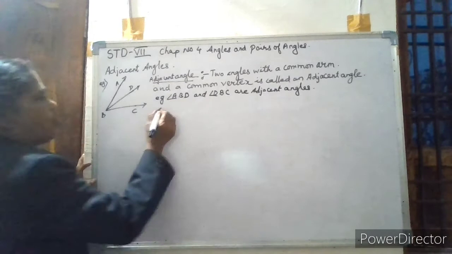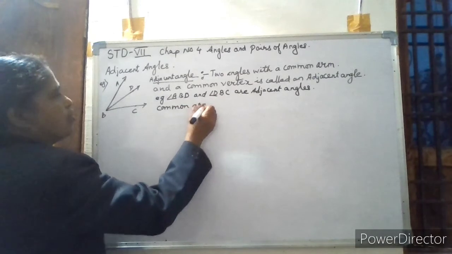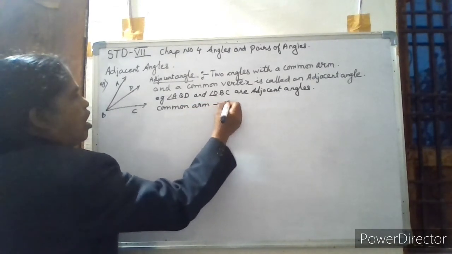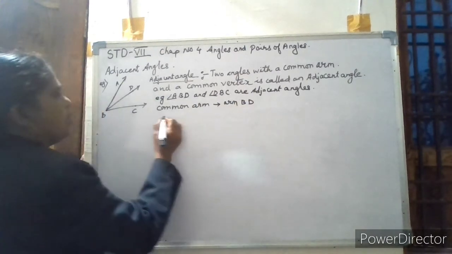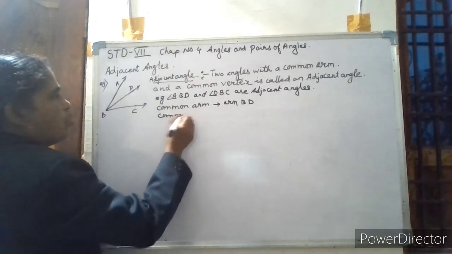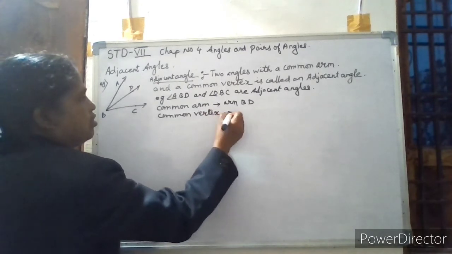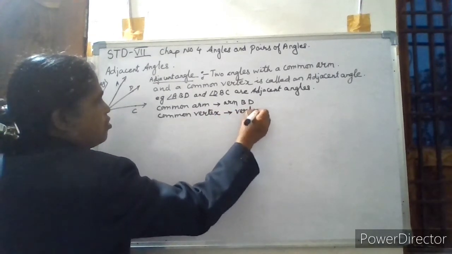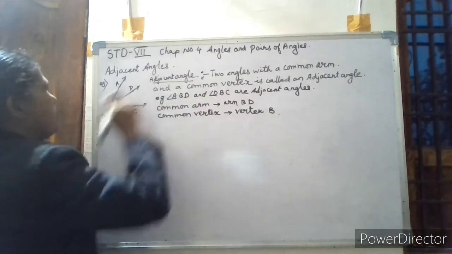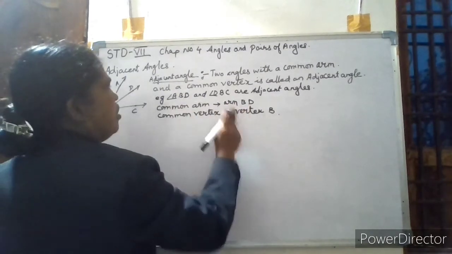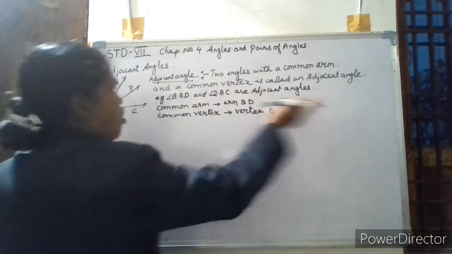The common arm is arm BD, and the common vertex is vertex B. Arm BD is the common arm and vertex B is the common vertex of these two angles. So these two angles are called adjacent angles.